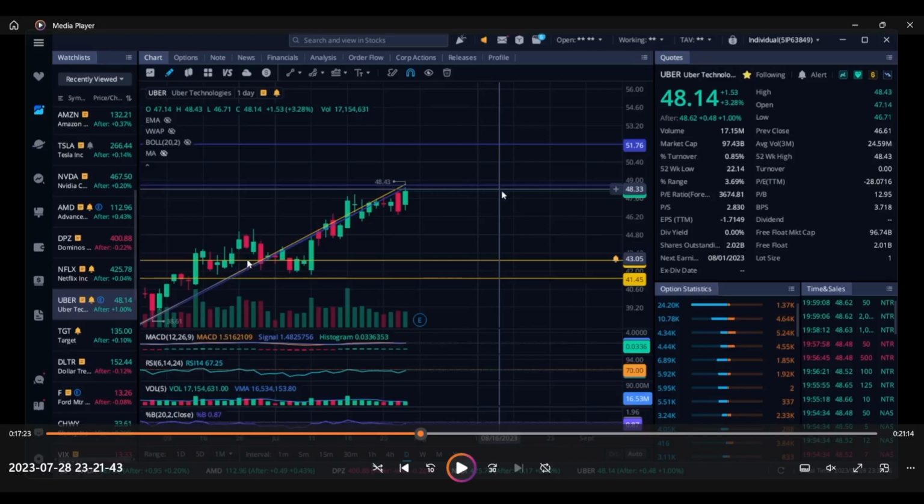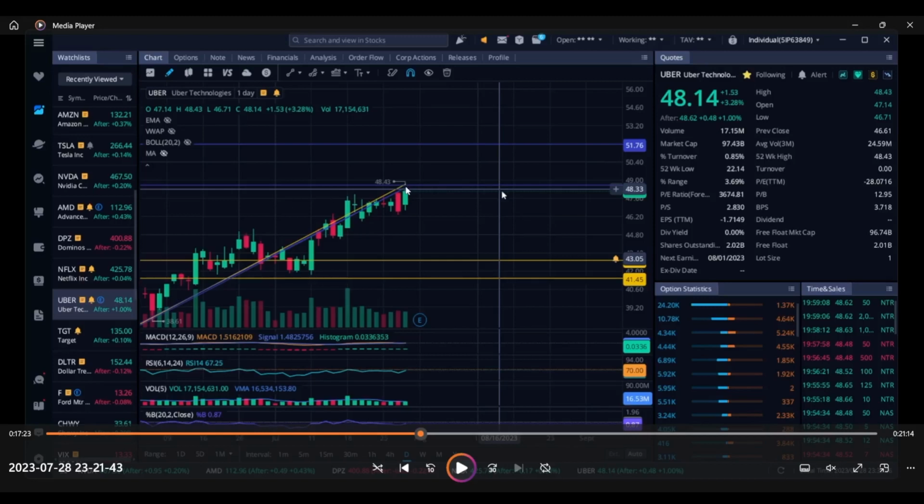What is this on? Is this the daily? So this is the daily. Look, this is the highest that the price went for the whole day, right here at the top. Let's just do it right here.